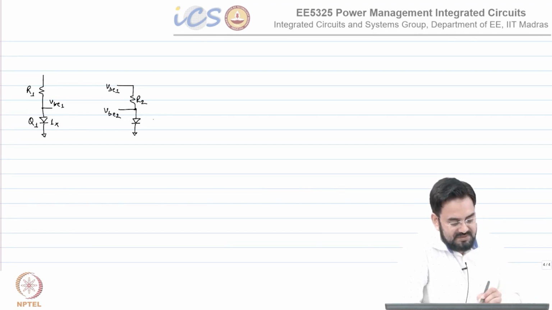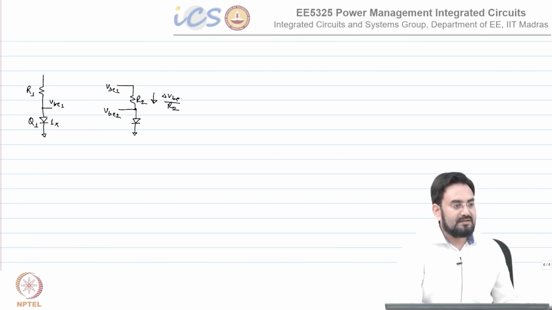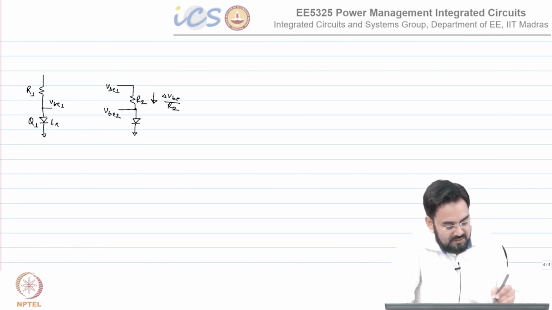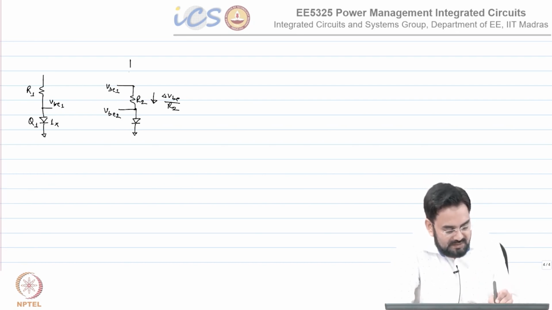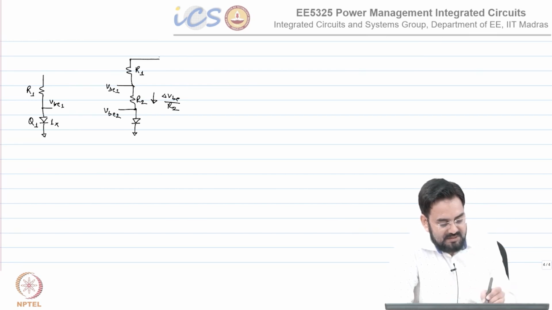The current which will flow into this device is delta VB by R2, correct? And now, going to the previous case, I know this current. This is VB1, the current flowing in this device is delta VB by R2, and if I add another resistor R1, what should be this voltage?